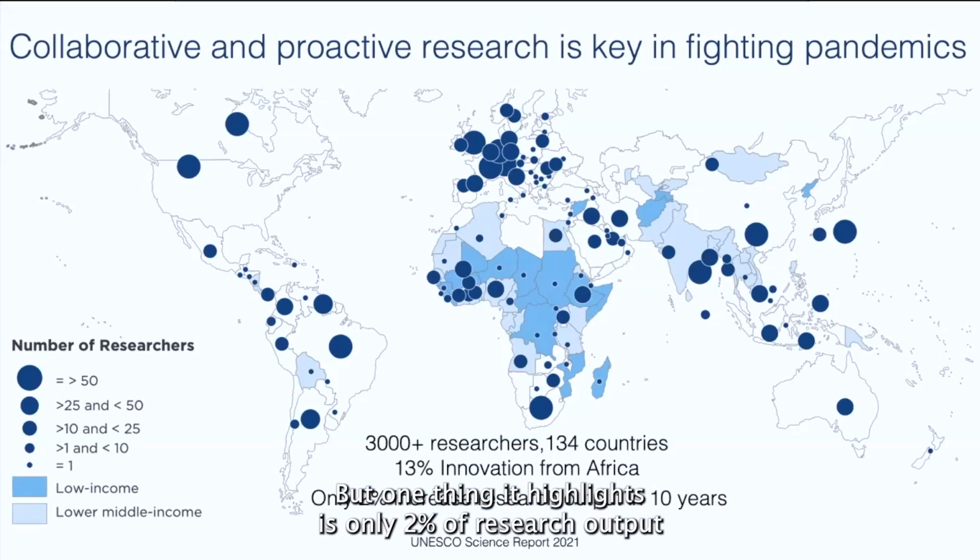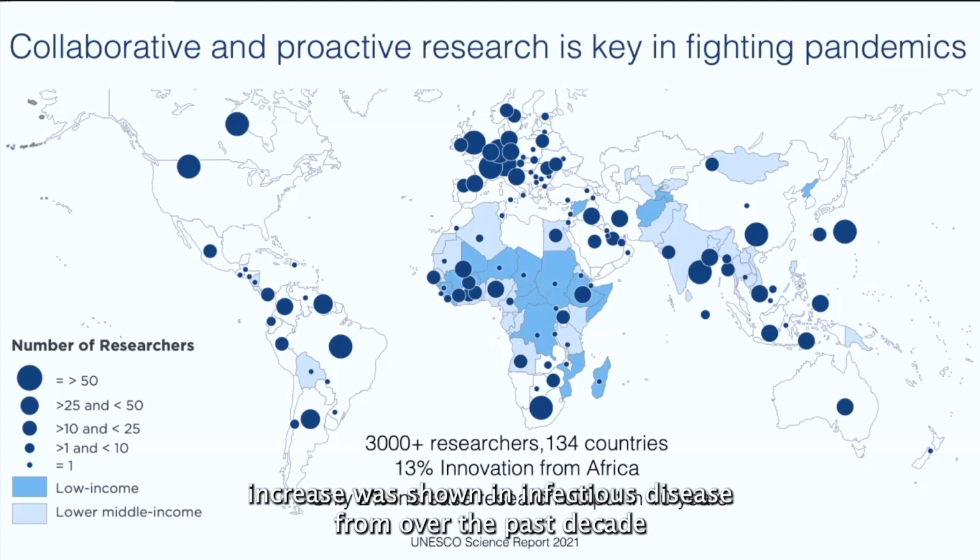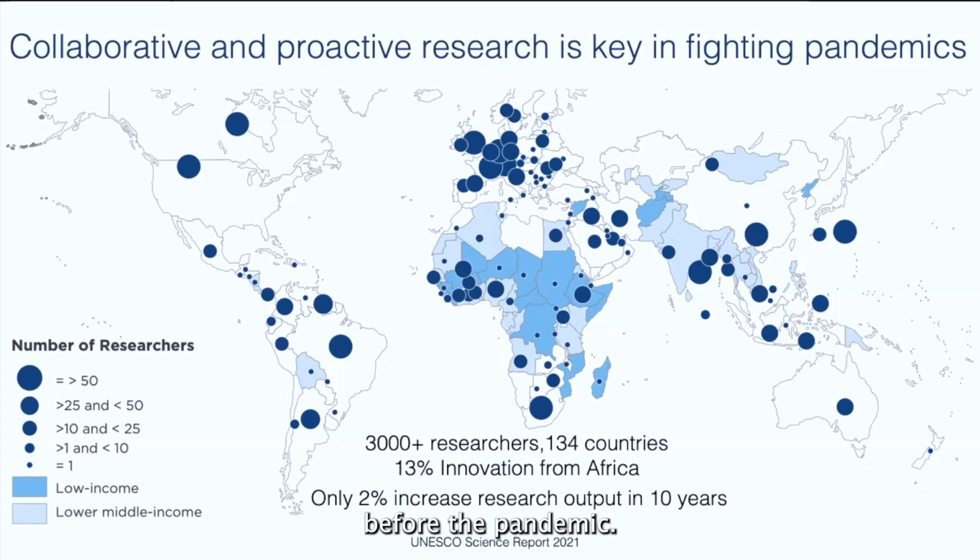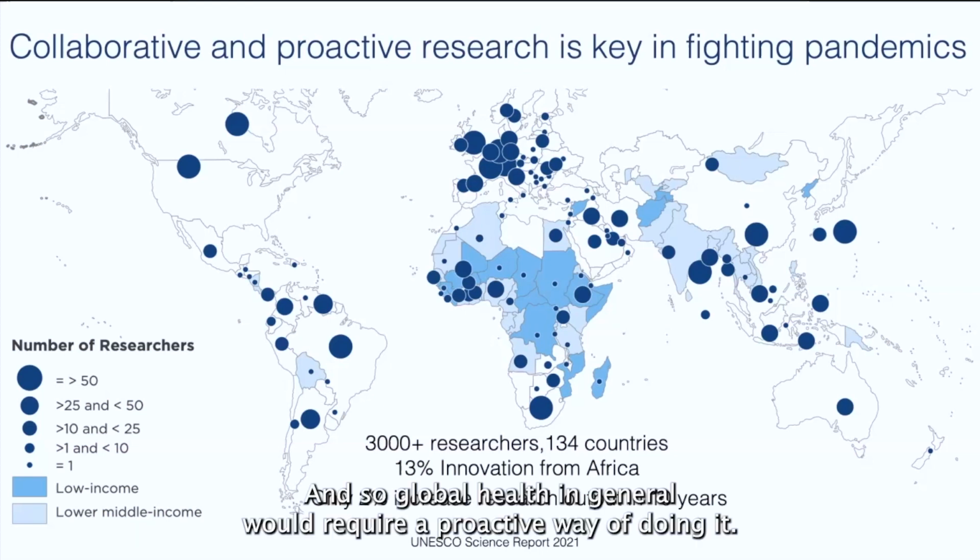But one thing it highlights is only 2% of research output increase was shown in the infectious disease realm over the past decade before the pandemic. So we can see that we collaborated, but a lot of our efforts was reactive and not proactive. And so global health in general would require a proactive way of doing it.